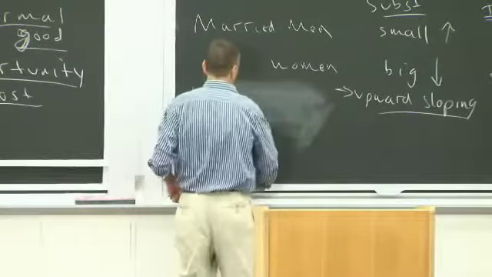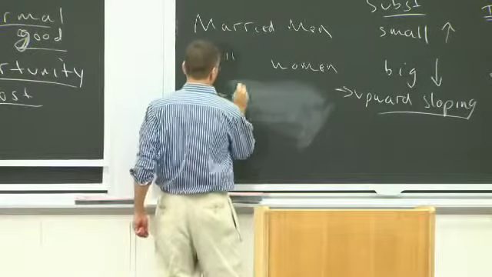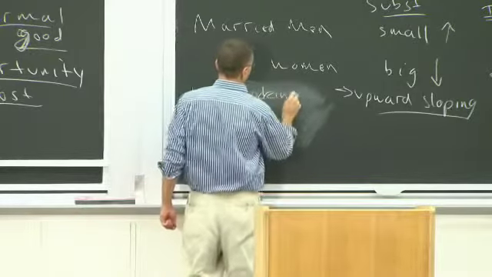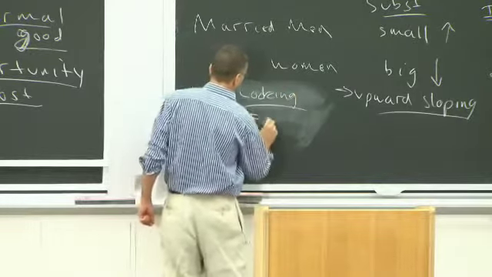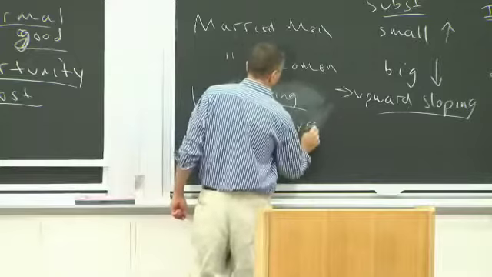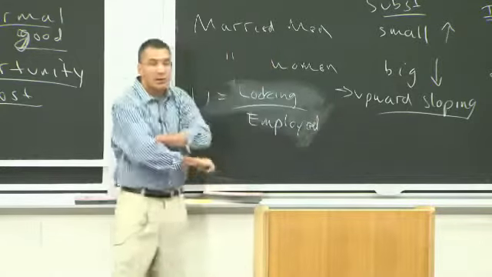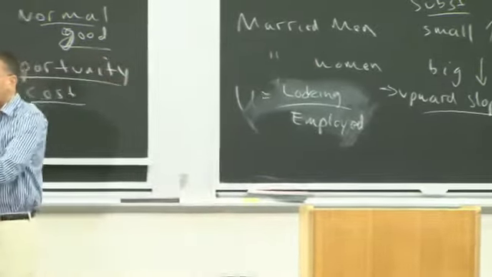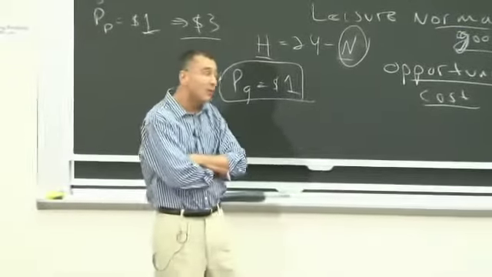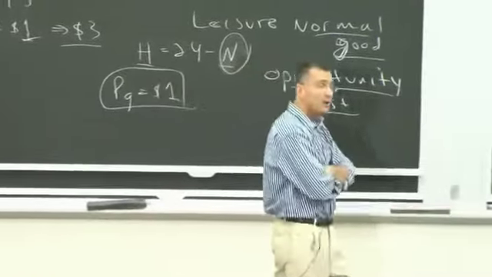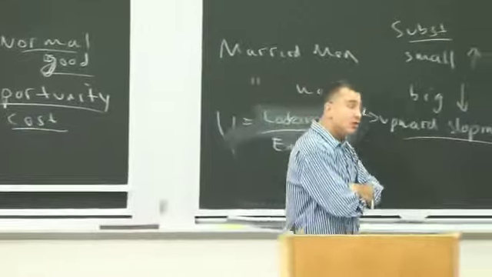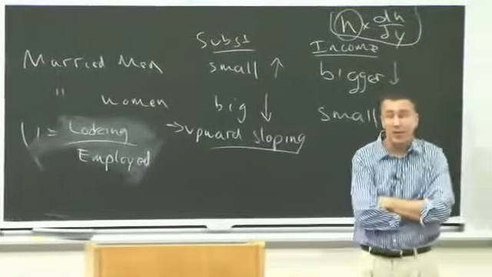The unemployment rate is going to be those looking over those employed. Okay? The unemployment rate is how many people are looking for work relative to how many are employed. If women are suddenly looking for work, and there's no jobs for them to be had, that will raise the unemployment rate.